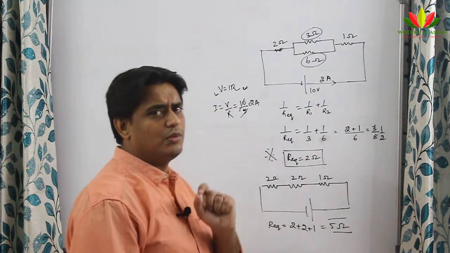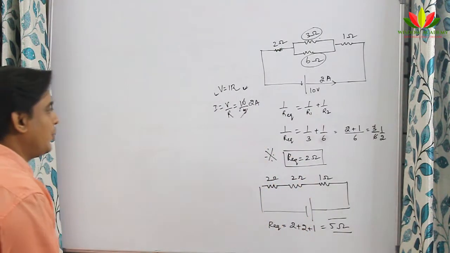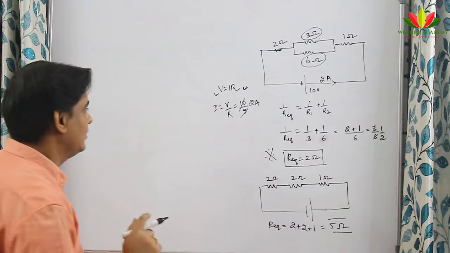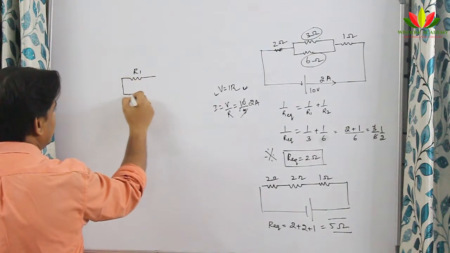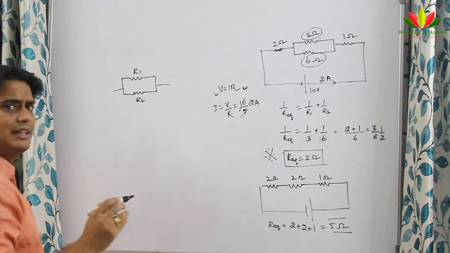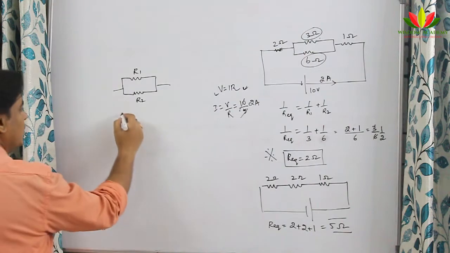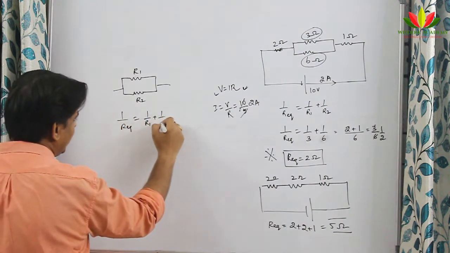One thing I wanted to tell you, you can name it as a trick or a shortcut. Suppose there are two resistors and they are in parallel. Let this be R1, let this be R2, and you are finding its equivalent resistance. What we do? 1 by REQ is equal to 1 by R1 plus 1 by R2.